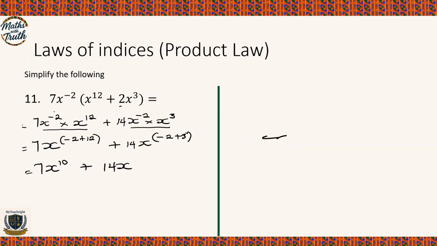Here we can leave the answer this way since we are interested in indices, or you can further simplify it by factorizing 7, which I hope you have done, or we will have a video in the future on factorization, which you can watch. And here we have x exponent 9 plus 2. So you can leave your answer this way.